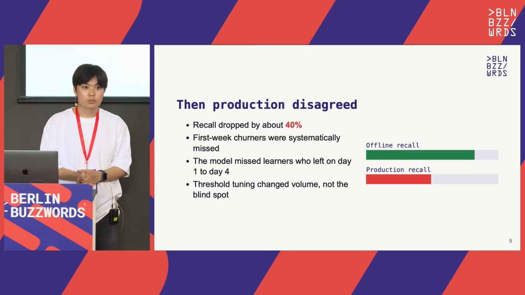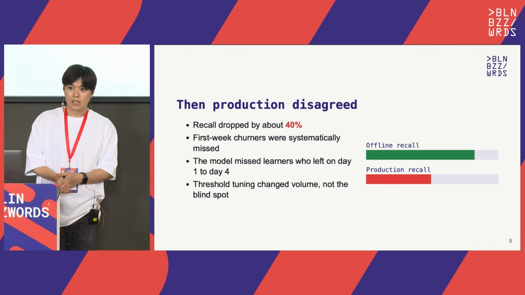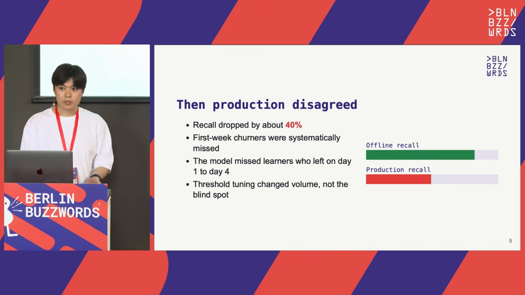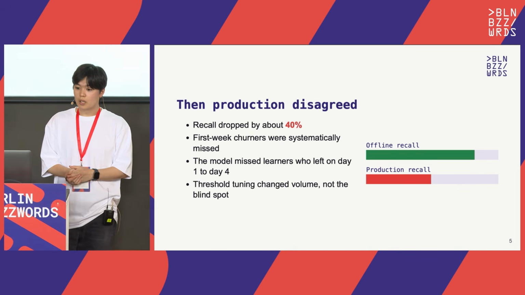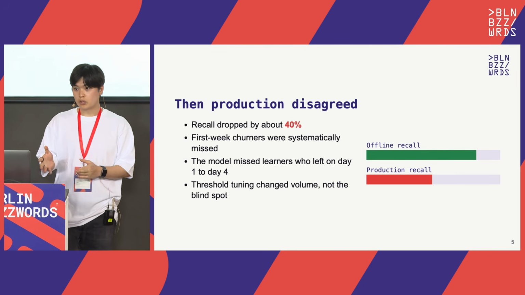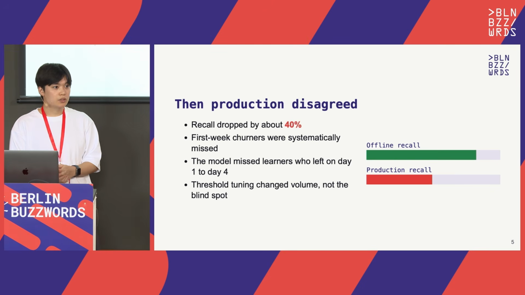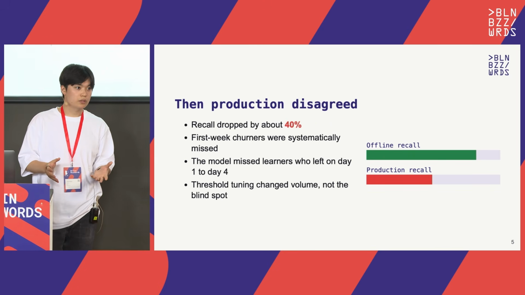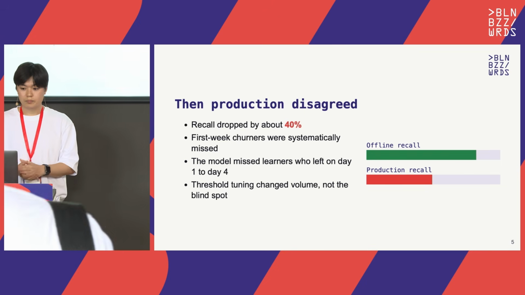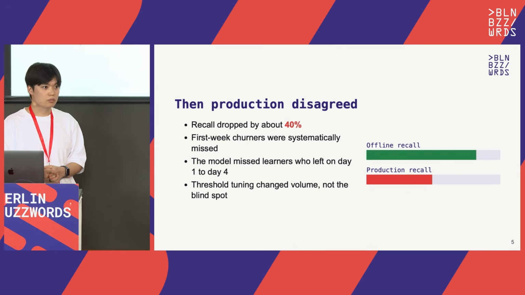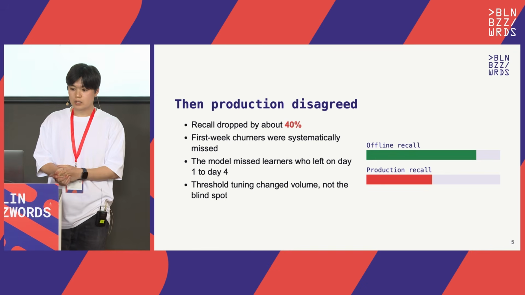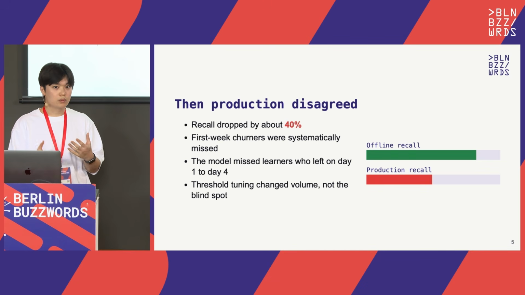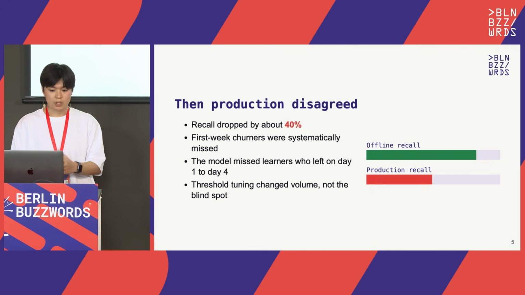When we actually deployed the model, we saw that performance dropped dramatically. Recall dropped by approximately 40%, and we noticed that the segment of first-week churners was especially missed by the model. The model systematically missed these early new users.